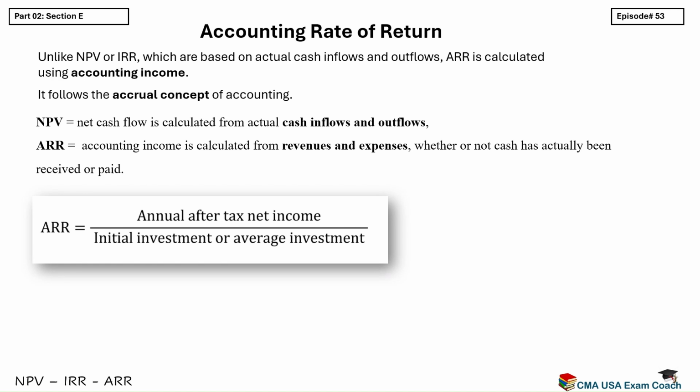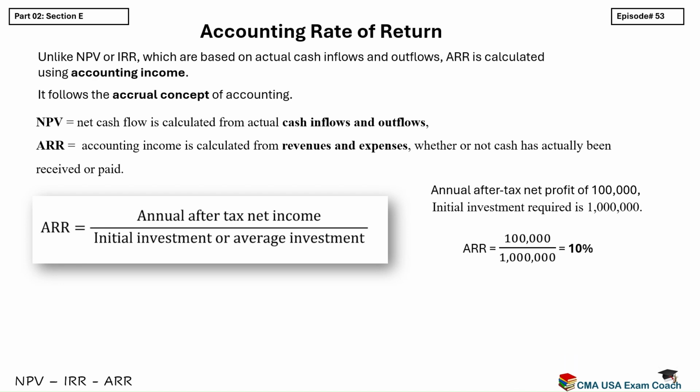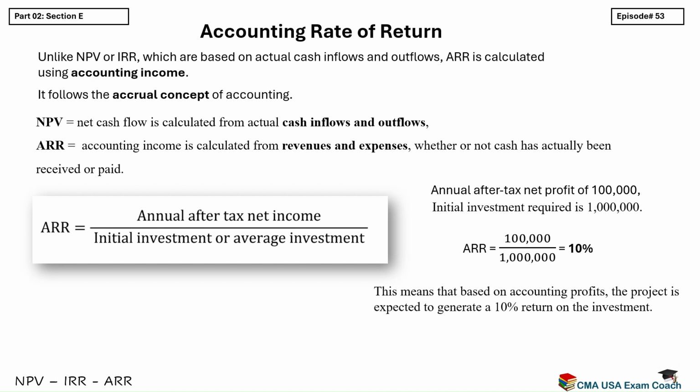Let's take an example. Suppose a project generates an annual after-tax net profit of 100,000, and the initial investment required is 1 million. So ARR equals 100,000 divided by 1 million multiplied by 100, which gives us 10%. This means that based on accounting profits, the project is expected to generate a 10% return on the investment.